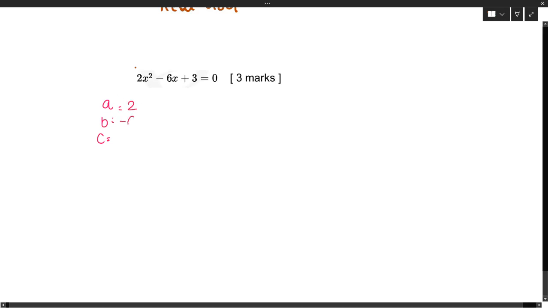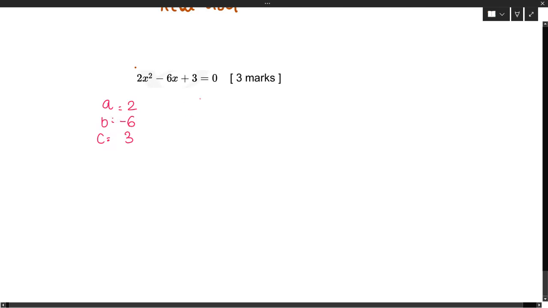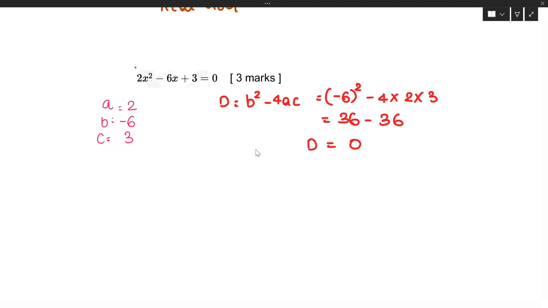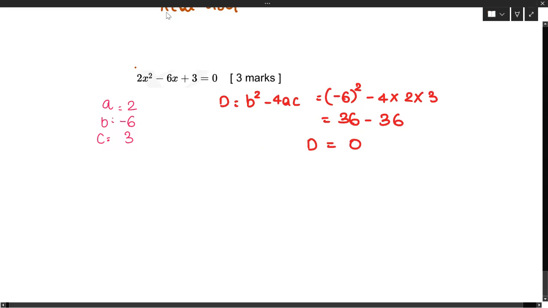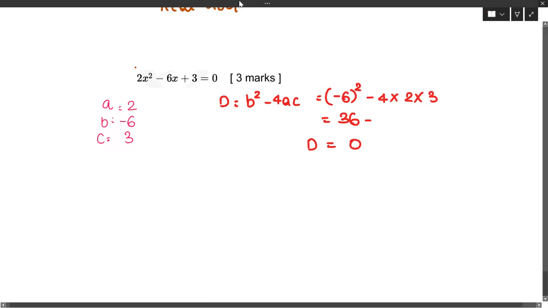And positive 3. Now, comparing this equation with the discriminant, that is D, which is equal to b square minus 4ac, which is minus 6 square minus 4 into 2 into 3. So 6 square is 36, 36 minus 4 twos are 8, 24.